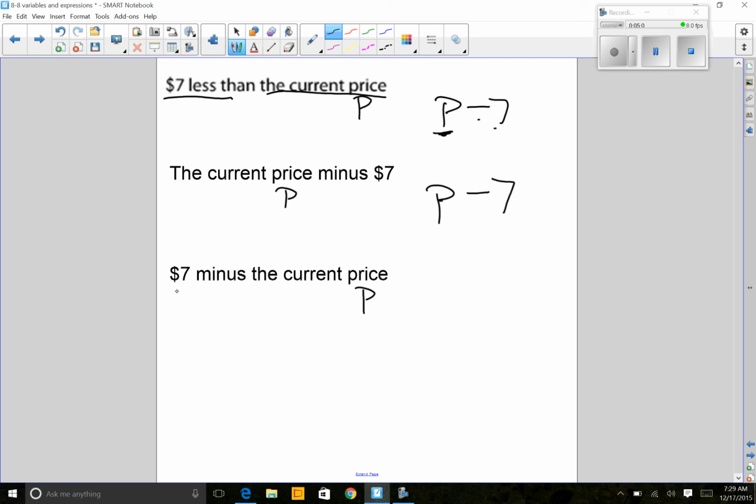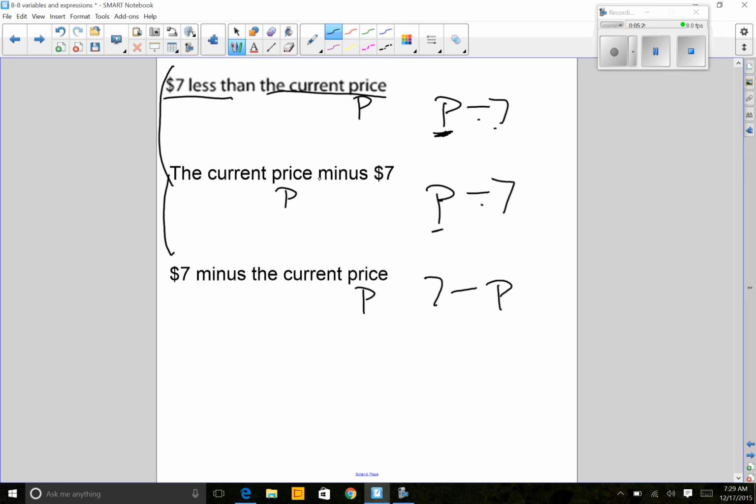And then this one is $7 minus the current price. So see the difference between those? Particularly the difference between these two versus this one. So 7 less than the current price is the current price minus $7, because it's $7 less than that price. The current price minus 7 would be the current price minus 7, and 7 minus the current price is 7 minus the current price. So these two you read exactly as they are written.